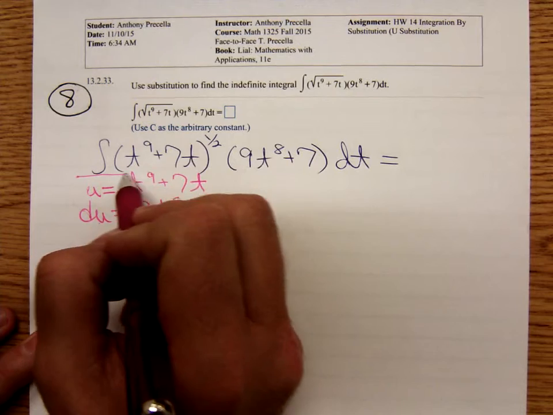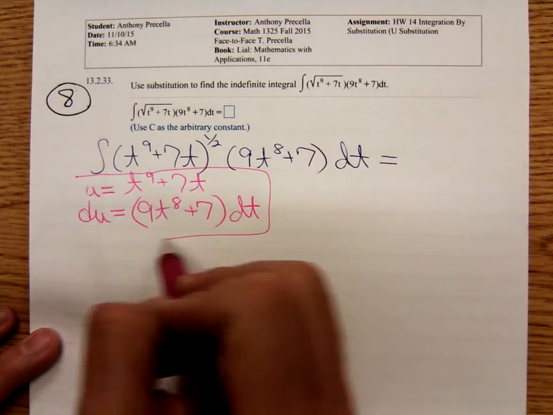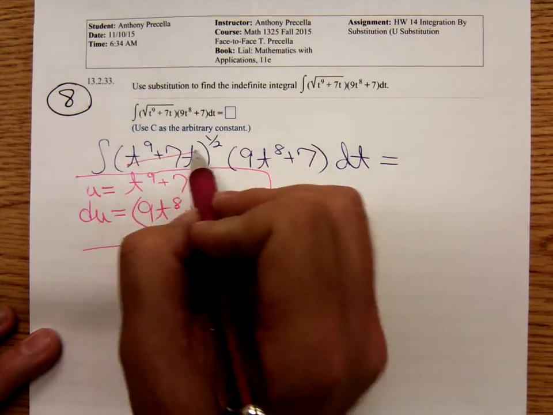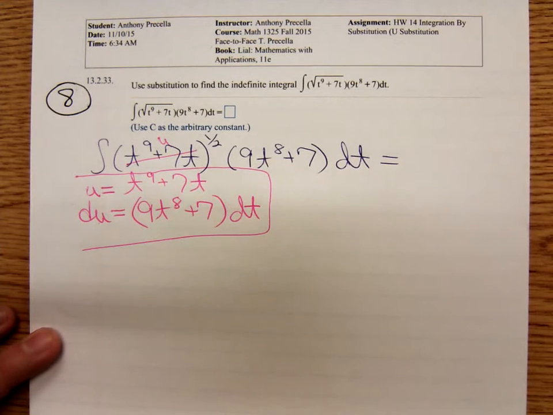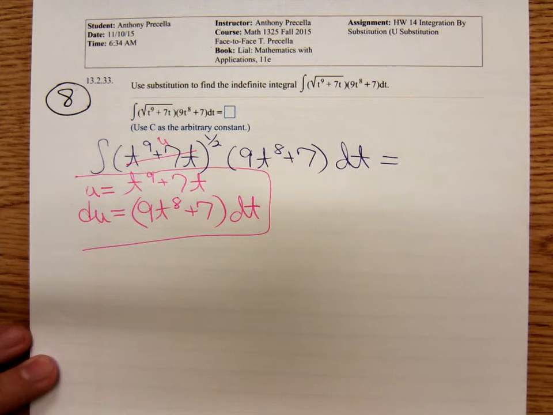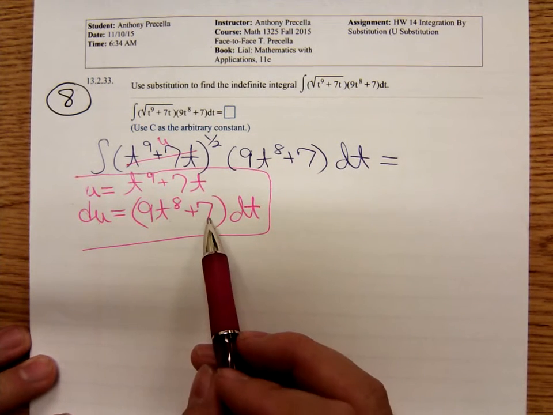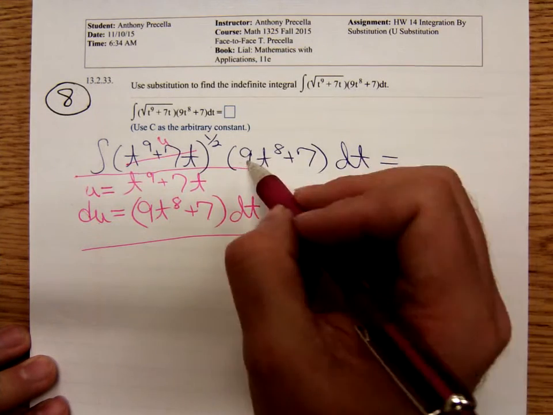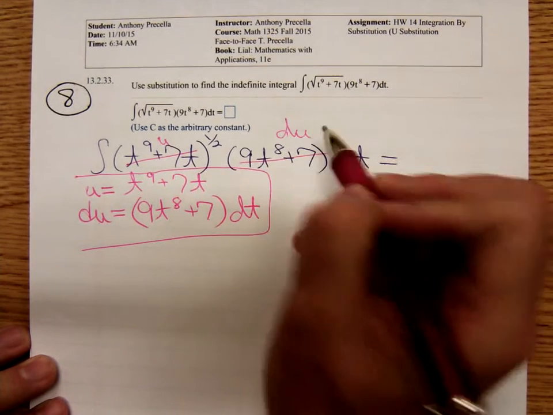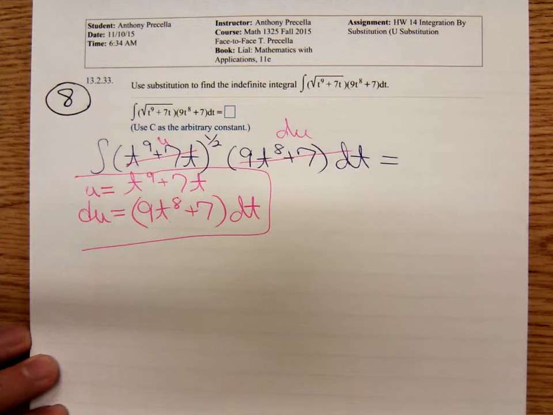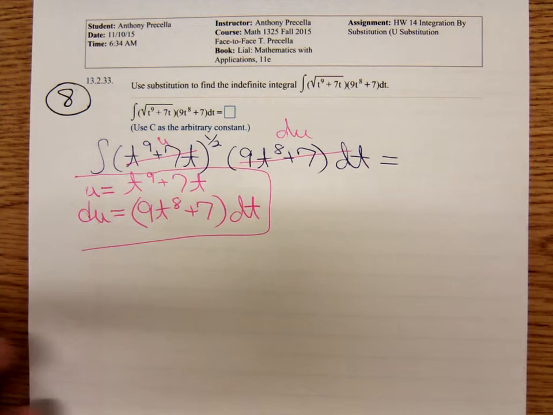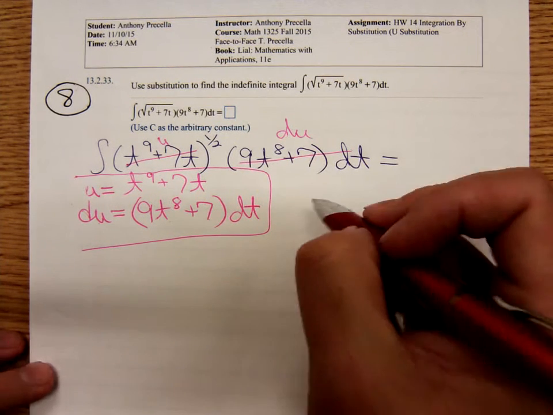Let's make the substitutions. That stuff there is going to become u, so we'll have a u to the 1/9. 9t to the 8th plus 7 dt is going to be replaced with du. So as I said, this one falls out very nicely.